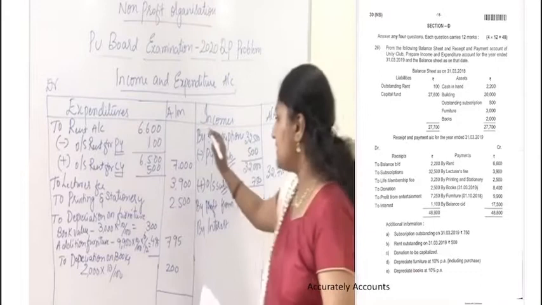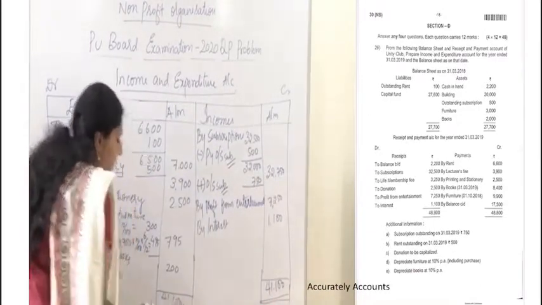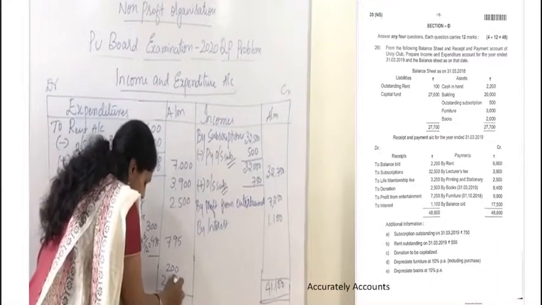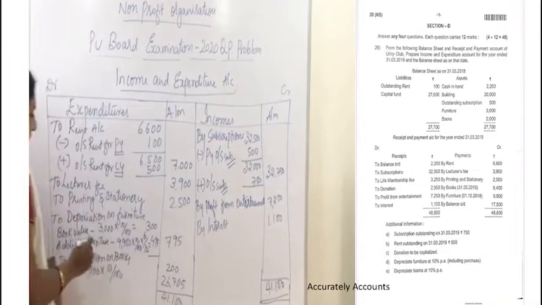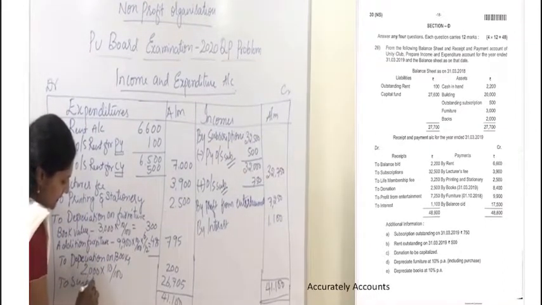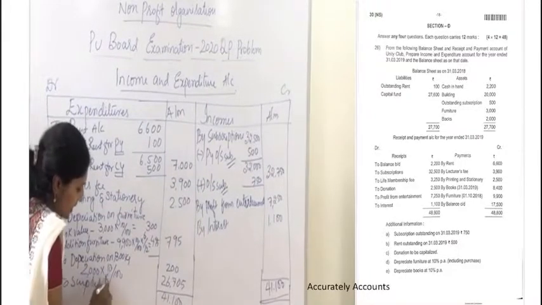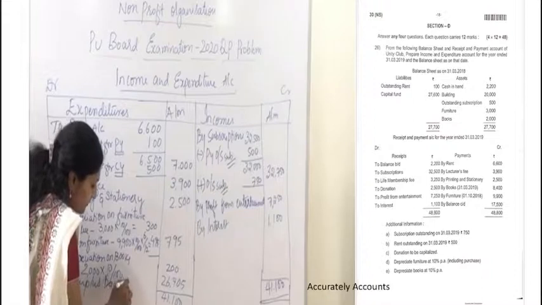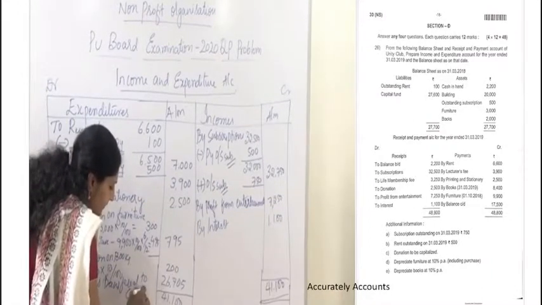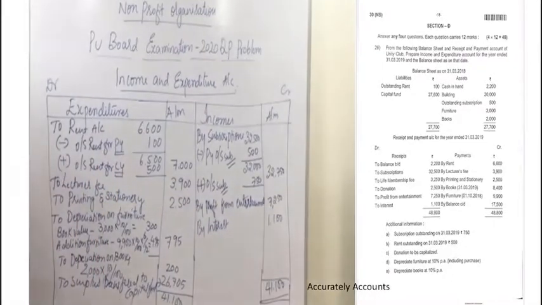The same balance we need to write on the other side, 41,100, and the difference amount is 26,705. So this 26,705 we can call it to surplus carried down or to surplus transferred to capital fund.